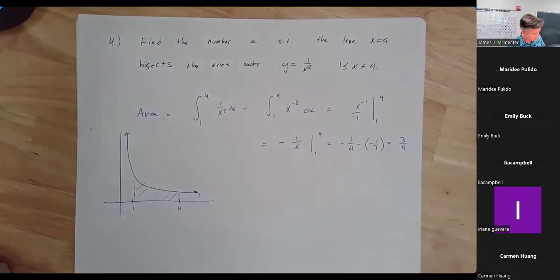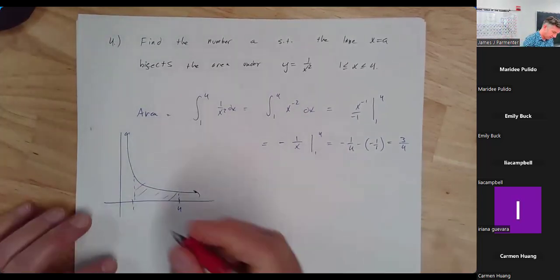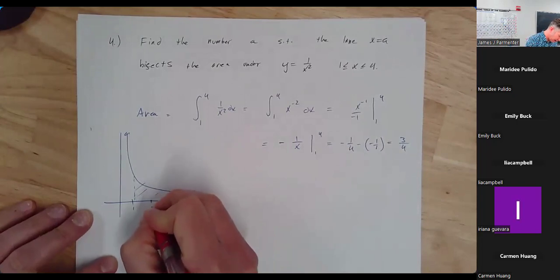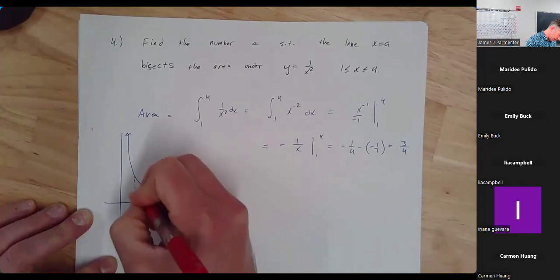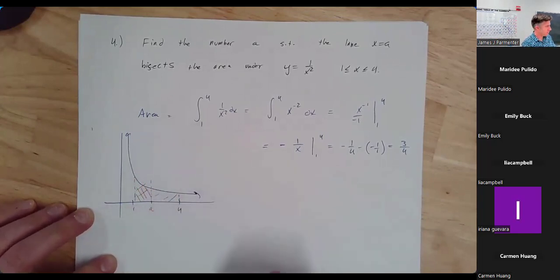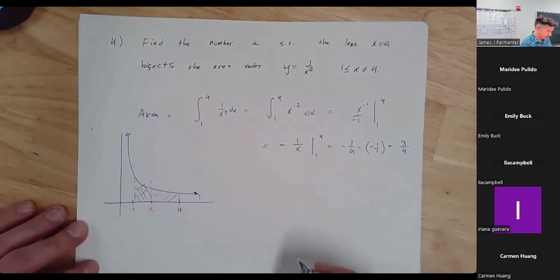And now what we're looking for is the number a, so that half of that area is on this side and half of it's on the other side. And half of 3/4 is 1/2 times 3/4, which is 3/8.